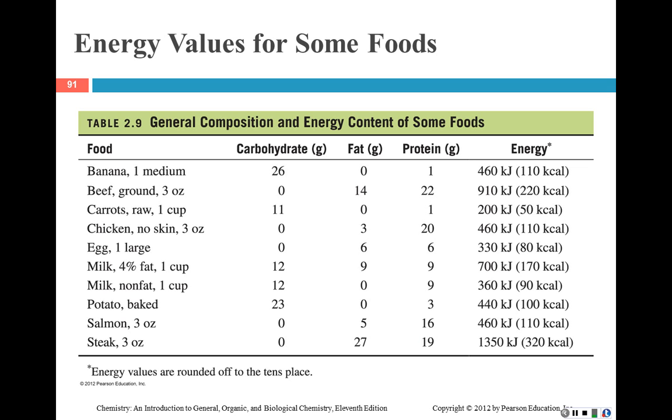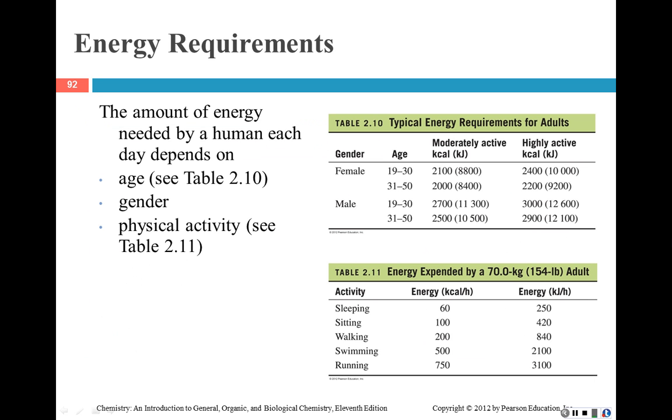So for example, chicken with no skin, 3 ounces here, is 20 grams of protein, but it still has fat in it, and so you have to use that in the calculation to come up with what the total energy is based on that. Milk, for example, has 12 grams of carbs, 9 grams of fat, and 9 grams of protein. So when you do those calculations, you have to look at the different types of foods that are in there to figure out what the calorie value is.